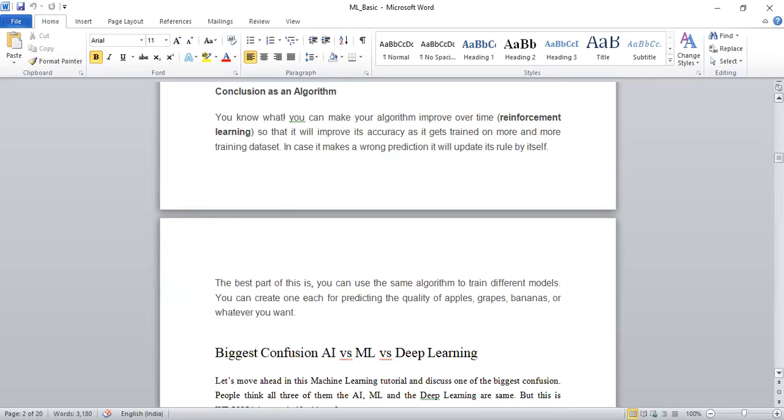That is reinforcement learning, so that it will improve its accuracy as it gets trained on more and more training data. In case it makes a wrong prediction, it will update its rule by itself.